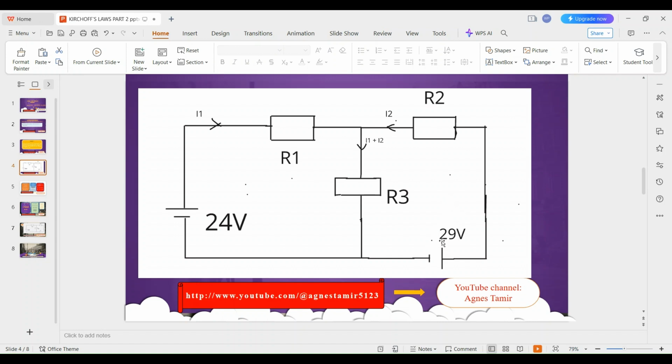We shall have, this is positive 29, from positive to negative, that is a negative voltage drop. Therefore, we shall have negative 7 I2. From positive to negative, remember I said that current is flowing in this direction. Therefore, we shall have negative 3 I3 is equal to 0.